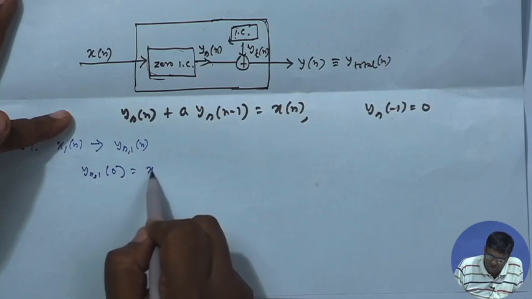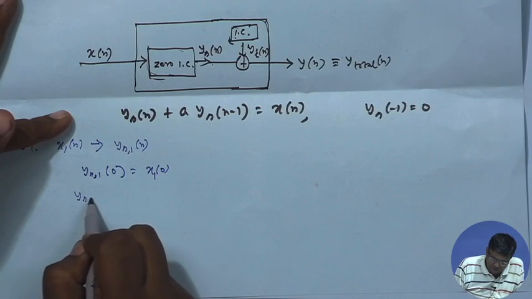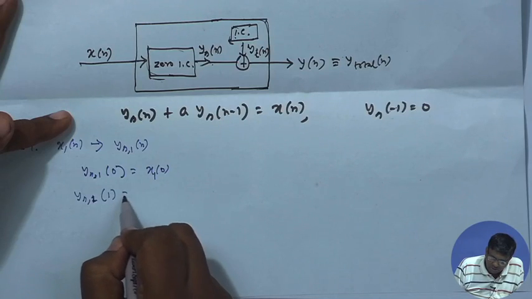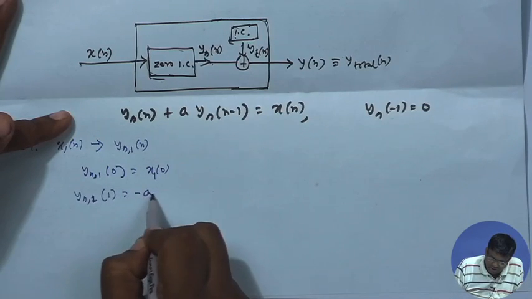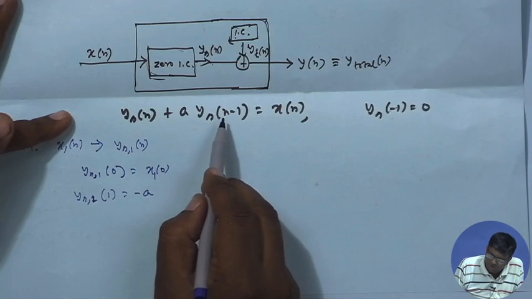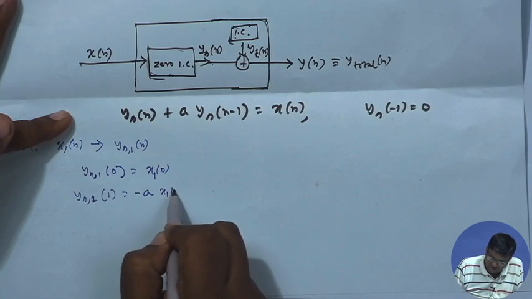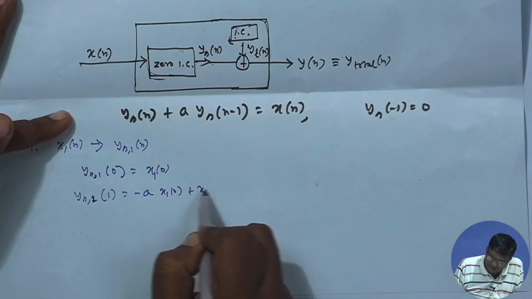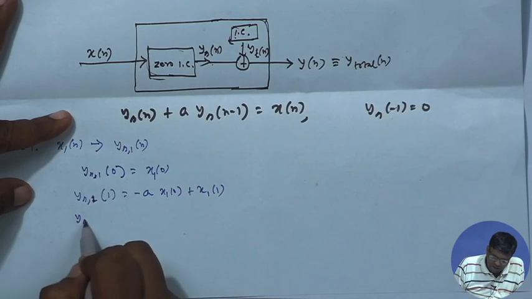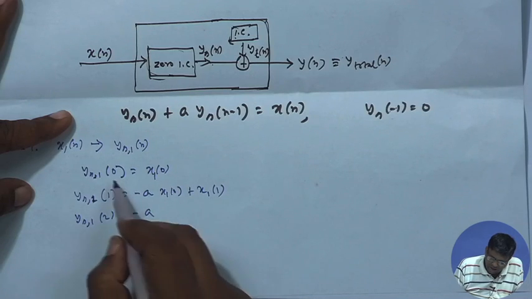So, you get y_s1[0] equal to x_1[0]. Then y_s1[1] will be minus a y_s1[0] plus x_1[1], which is minus a x_1[0] plus x_1[1].